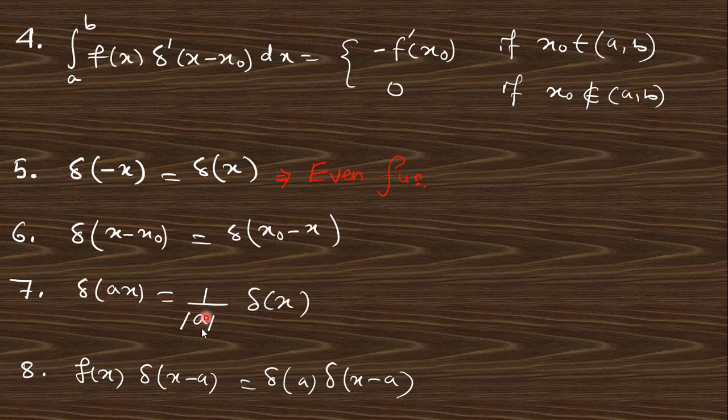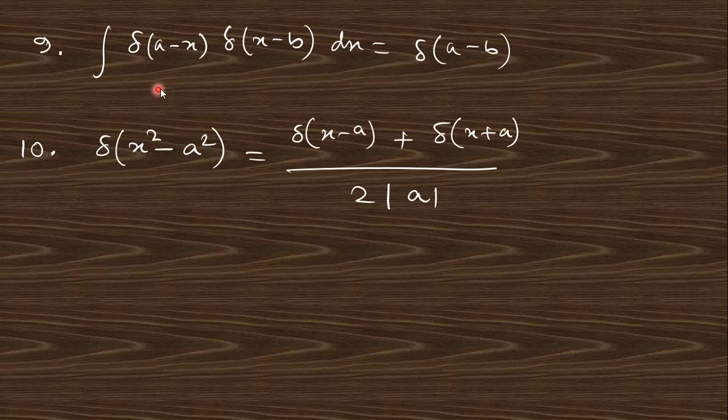Delta of a x equals 1 by mod a times delta x, and f of x delta x minus a is nothing but f of a times delta x minus a. Another property, delta a minus x delta x minus b equals delta a minus b, delta x square minus a square equals like that. These are the properties of the delta function.